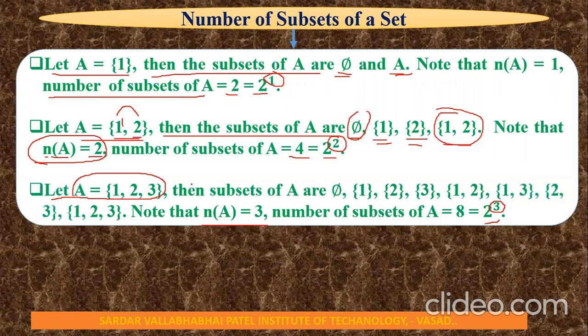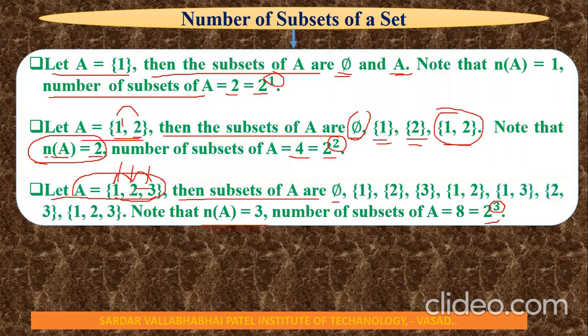But which ones? The subsets of A: first phi, then the singletons, so the possible singletons 1, 2 and 3. Then the two-element subsets are {1, 2}, {1, 3} and {2, 3}.